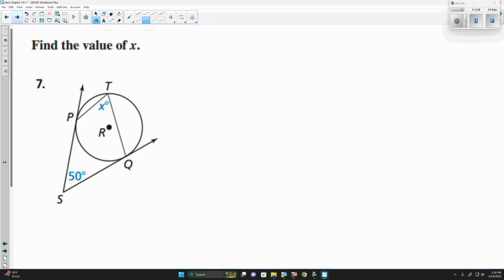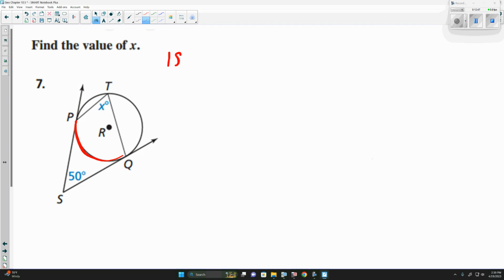Now, as we notice with this here, because we can do this just a hair different, we notice that the central angle and its arc have the same measure, yes? So we could say that 50 degrees and this arc should add together to be what? 180.